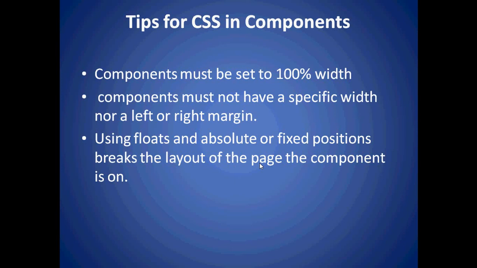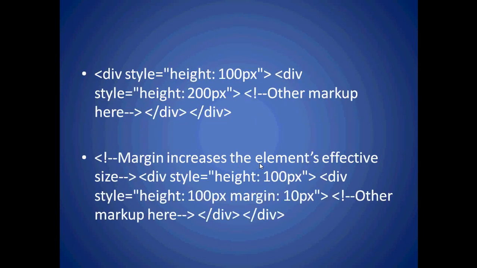Also, using floats and absolute or fixed positions breaks the layout of your page. So these are the things you must remember while you are declaring CSS for your components. And while you are giving divs, always remember that you should not give a height larger than your parent div.